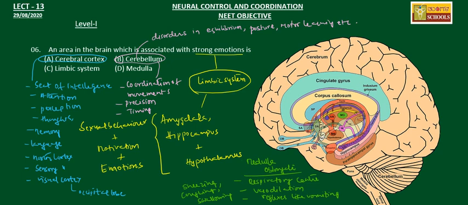So you can see the cerebral cortex, cerebellum, and medulla, none of them are involved in the emotions except the limbic system. Here in this picture, you can see the limbic system that consists of the amygdala. This portion is the amygdala, and this is the hippocampus region.